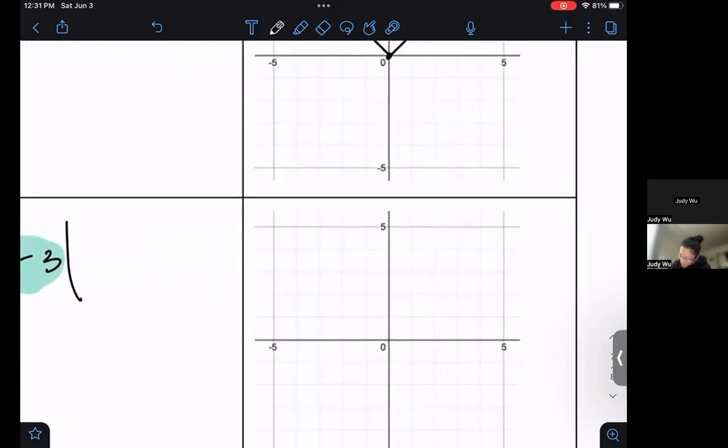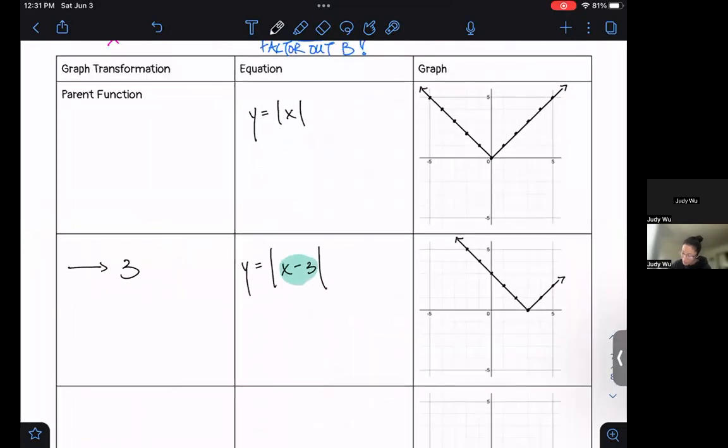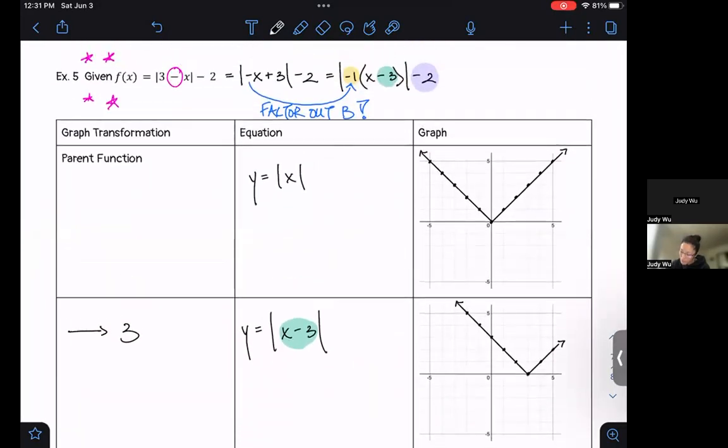So let's take our graph. We're going to move everything over 3. And I think the easiest way to do that is to move the vertex and then move everything else. Okay. All right, there's my graph shifted to the right 3.